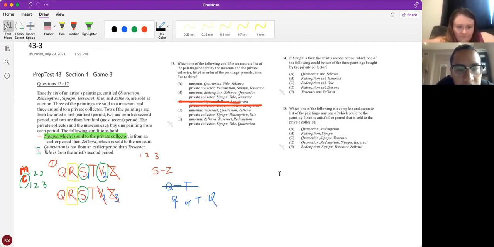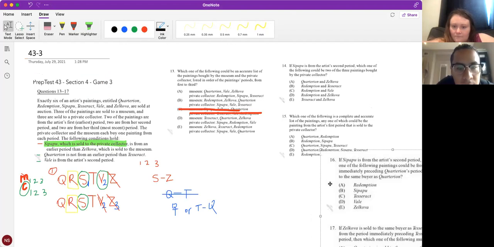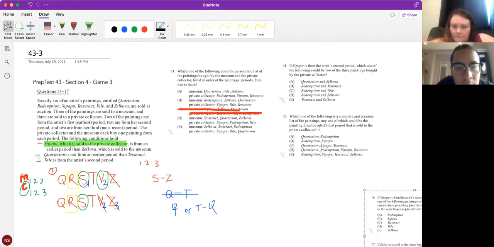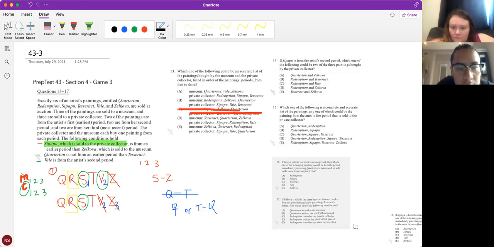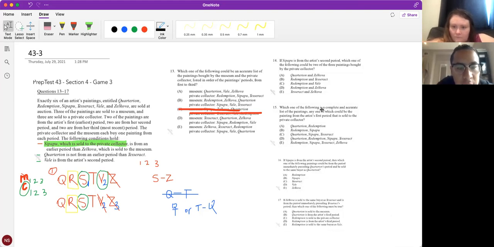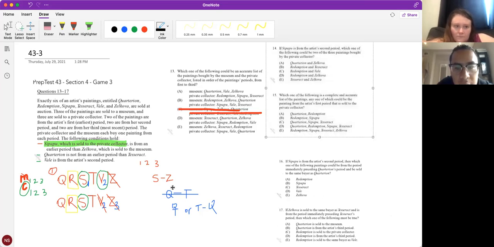So S private collector. The rest of them have S as private collector. D is wrong because S and Z are both in the early period.